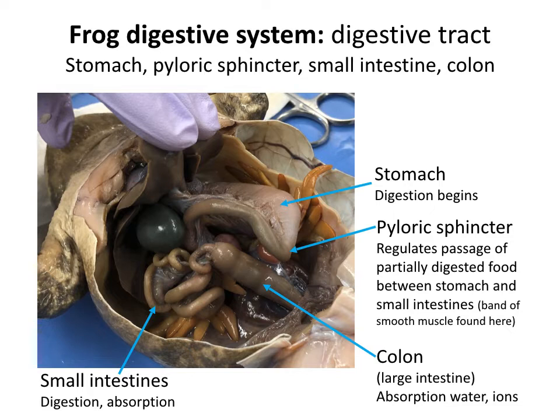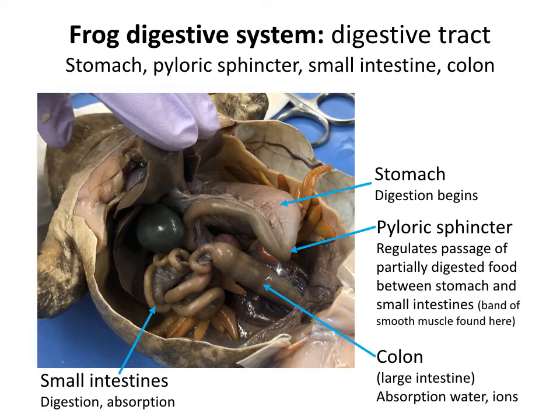Where the stomach attaches to the small intestine is what's called the pyloric sphincter. This is a muscular ring that opens and closes to control the distribution of what's called chyme, the sort of digested fluid that your stomach produces, moving into your small intestine. Just like in you, the small intestine is narrower, it's longer, and it's coiled. So the chyme moves through there, it continues being chemically digested.